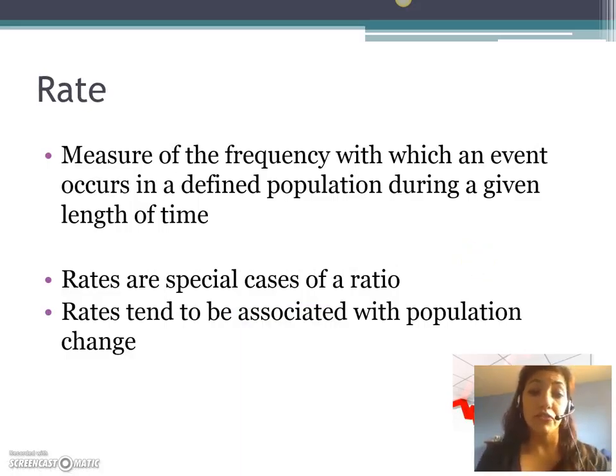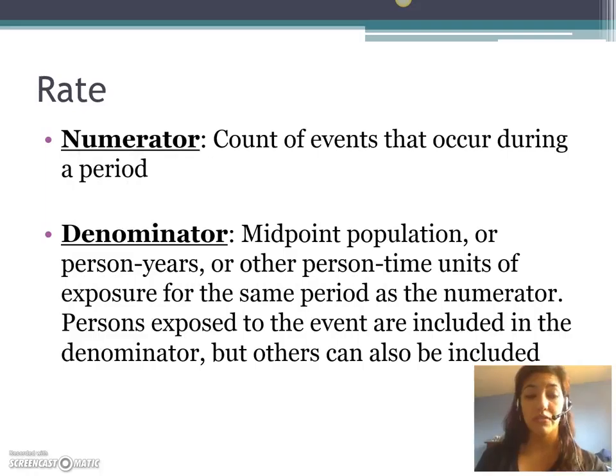Rate is a measure of frequency. Okay, so that's basically a frequency in which an event occurs in a defined population during a specific time period. So rates are basically a special case of a ratio, and rates tend to be associated with population change. So the rates can go up, they can go down. And we look at numerators and denominators.